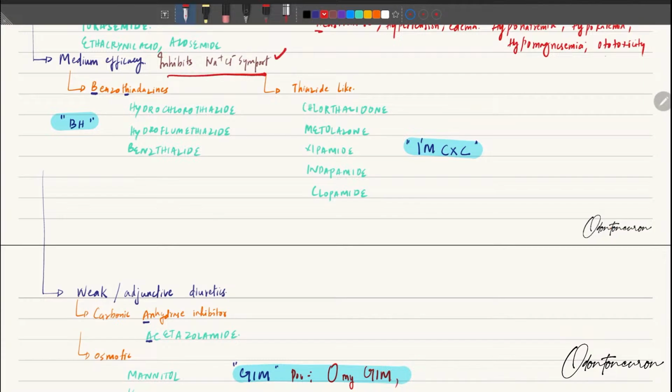Now how do you remember benzothiazides and thiazide-like drugs? For benzothiazides, it starts with B and has H in it. So B is for benzthiazide, and H is for hydroflumethiazide and hydrochlorothiazide.